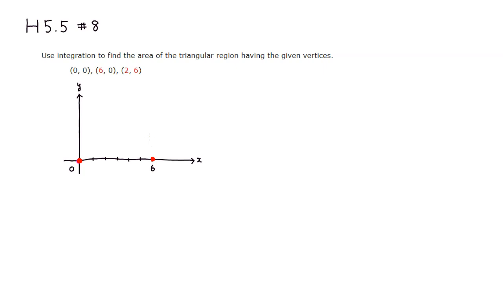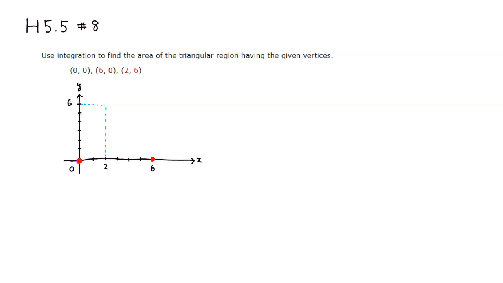And the third point is (2, 6). So it's going to go up 1, 2, 3, 4, 5, 6, and then 2 to the right. So it's going to be right around here. We have a 2 right here and a 6 up here.